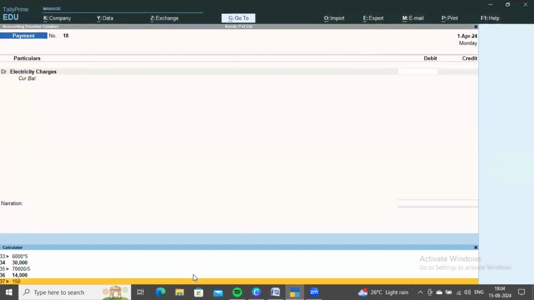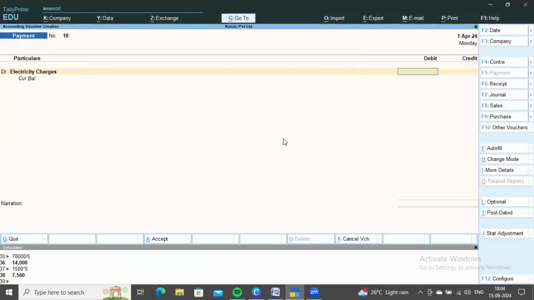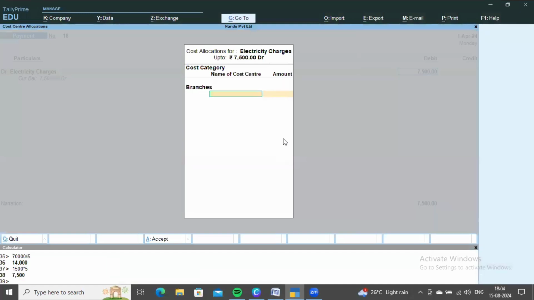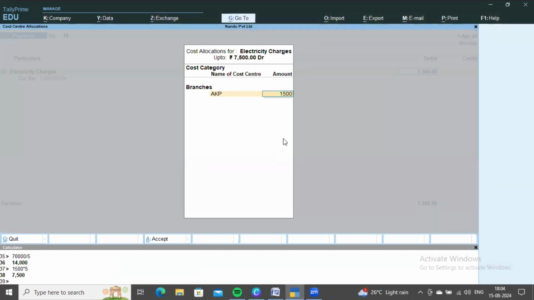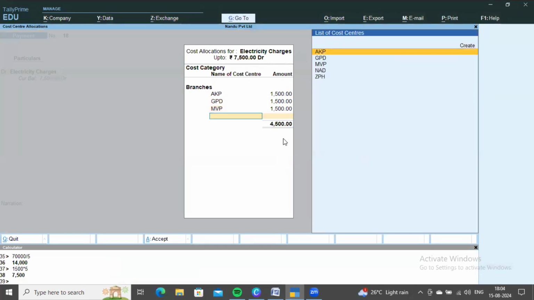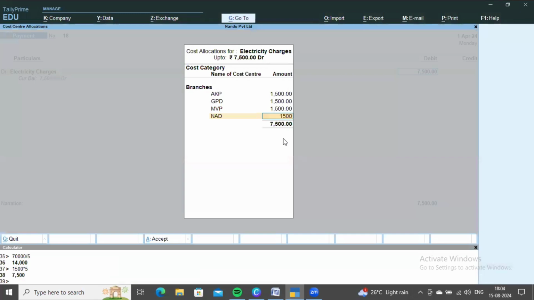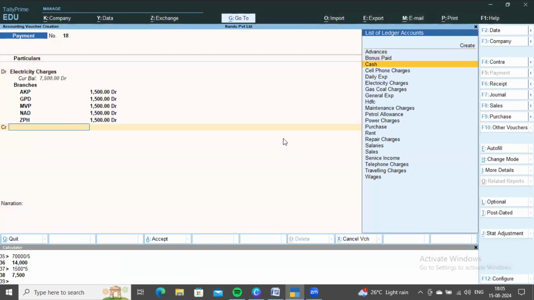Means 1,500 into 5, because there are 5 cost centers under the branch category, right? 7,500, and select branches and assign 1,500 to each branch. And credit cash account.